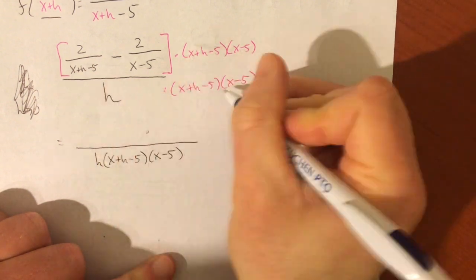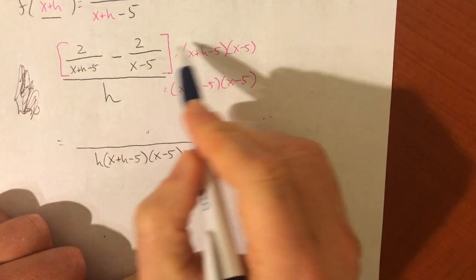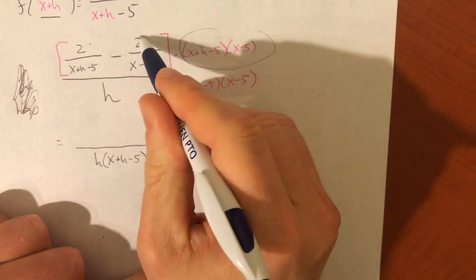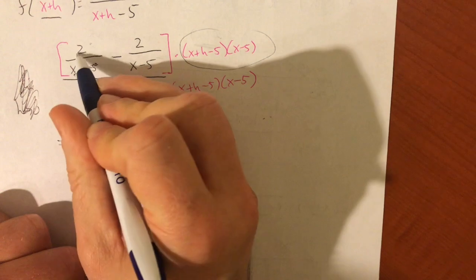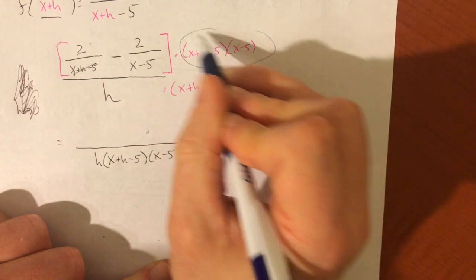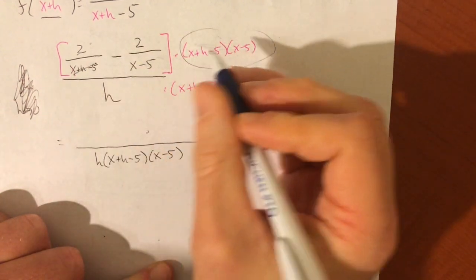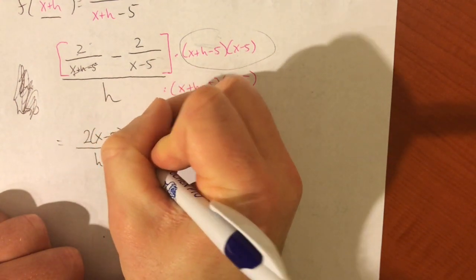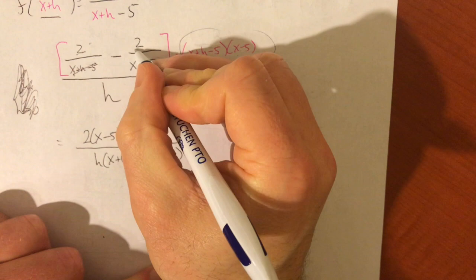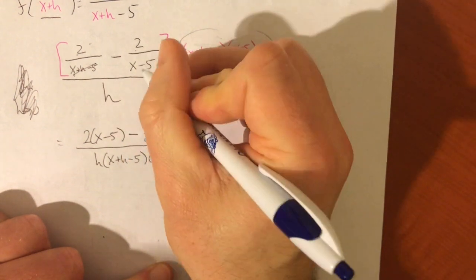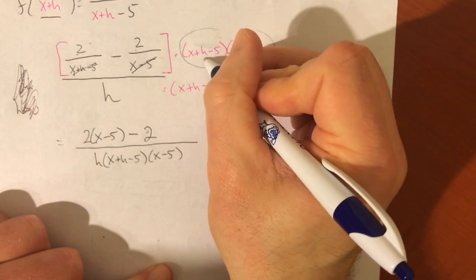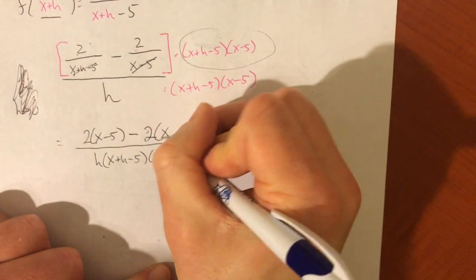But our denominator now looks like that, and in the numerator here, just be careful when you distribute this to each of these, that's going to cancel, so you'll be left with 2 times just x minus 5, because the x plus h minus 5 will cancel. So you have 2 times x minus 5 minus, and this one, the x minus 5 cancels, so you'll have this x plus h minus 5 times that 2.